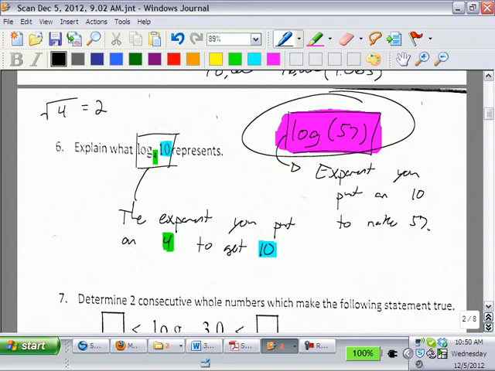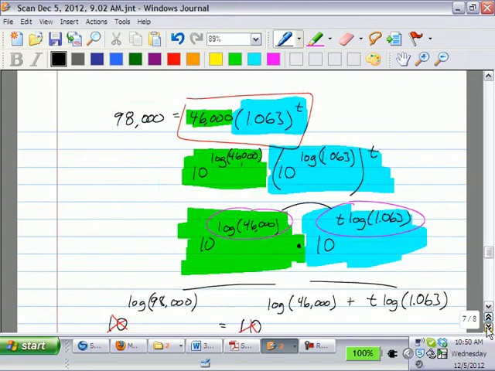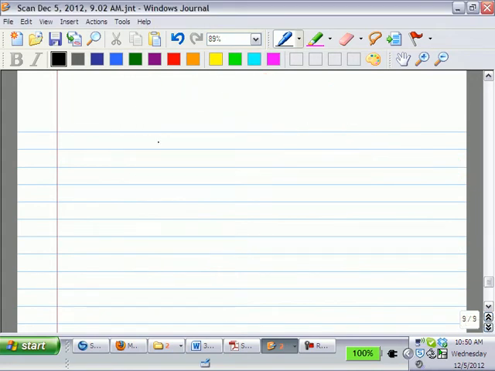Okay, so what you were looking at, let's say you have x to the fourth, y to the sixth. If I raise that to the 1/3, could you simplify that?